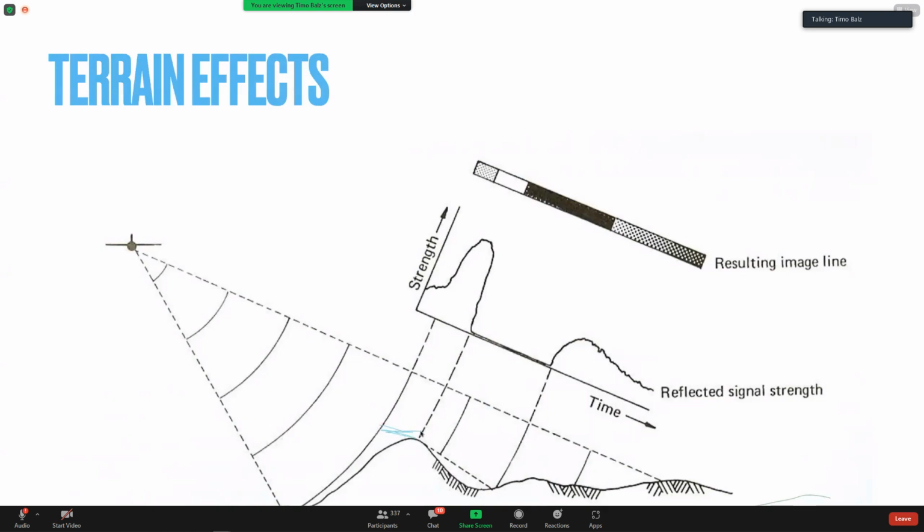This area here is shortened down. The whole energy is the same, but it is shortened by the foreshortening effect to a smaller area. So per pixel, you get more energy. Therefore, your pixel is going to be brighter.